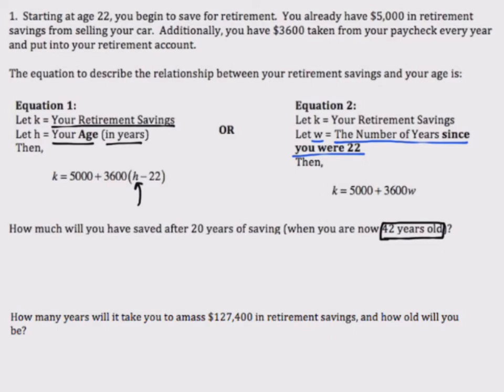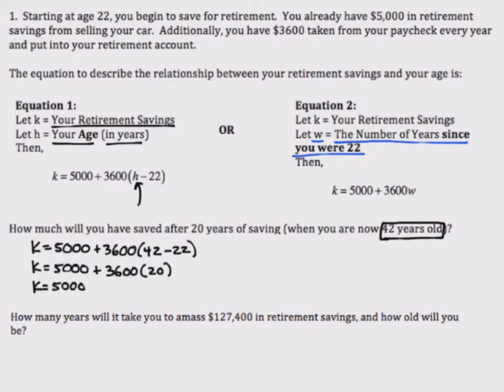So our savings will be equal to 5,000 plus 3,600 times 42 minus 22. Just substituting 42 in for our age. And now I'm confident that you can go ahead and figure out how much you'd have in savings. So we find that when we're 42 years old, we should have $77,000 in retirement savings.